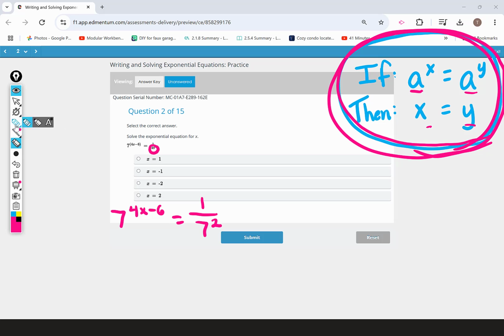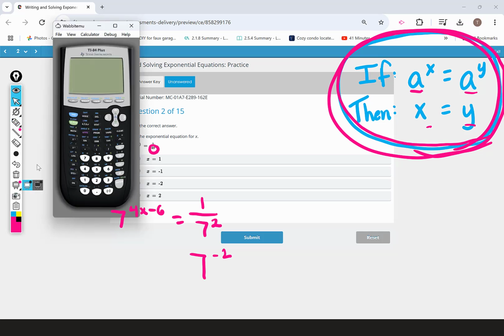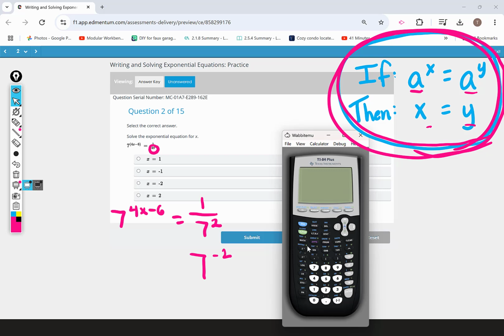We can get that base the same by applying the negative exponent rule. We can take this 7, take the reciprocal of it, but when we do that, it becomes -2. If you have trouble with the negative exponents, I would encourage you to play around with this in the calculator just a little bit, just to verify.